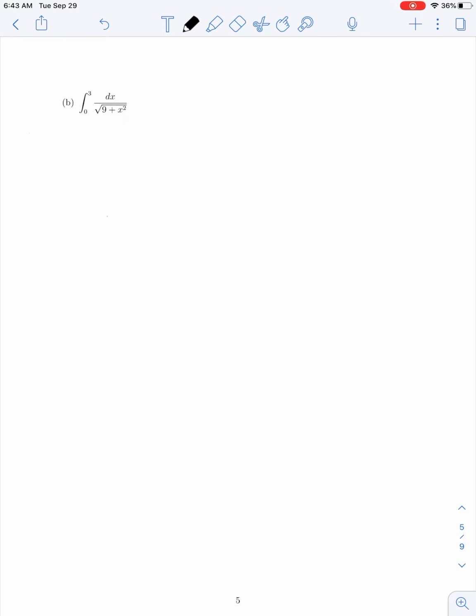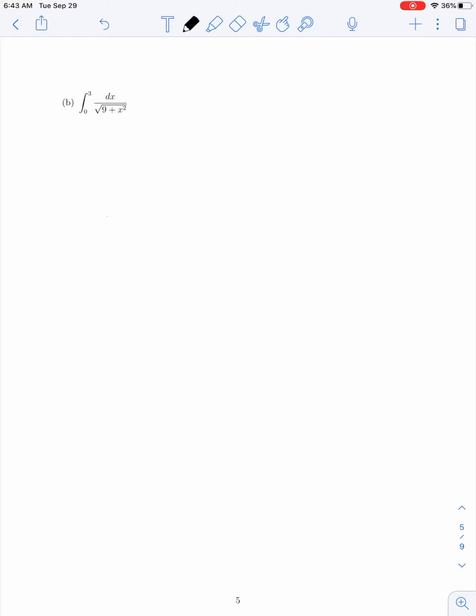So let's look at some other ones. In part B, we have a definite integral from 0 to 3 of dx over the square root of 9 plus x squared. So when I look at this integrand, I see that my denominator involves the square root of a sum of squares, 9 plus x squared or 3 squared plus x squared. So that immediately suggests that I should try a trig substitution.